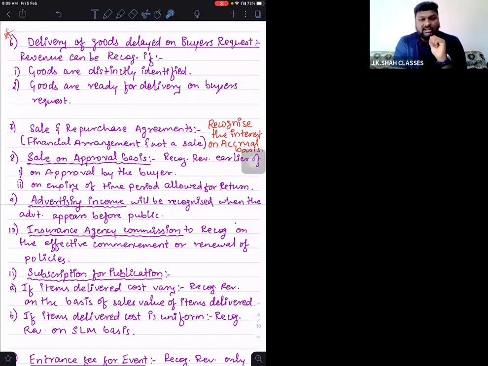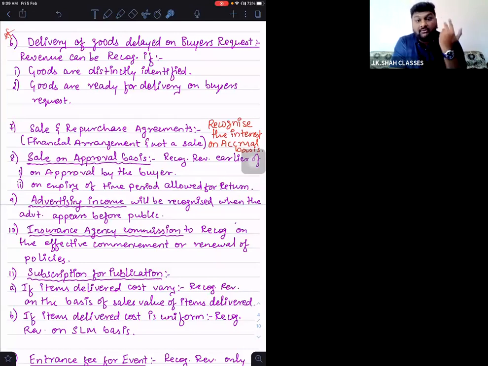So when should you record the revenue? Sir, in case of renewal premium, you should record the commission when the policies are successfully renewed and the premiums are paid. After that, you can record your commission. But in case of sale of policy, you should be recognizing revenue when the policy is commenced. Because sometimes what happens, you sell a policy, but due to XYZ reasons, the policy is rejected by the insurance company.